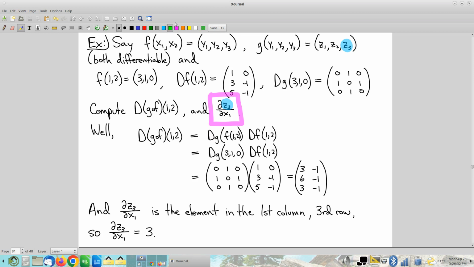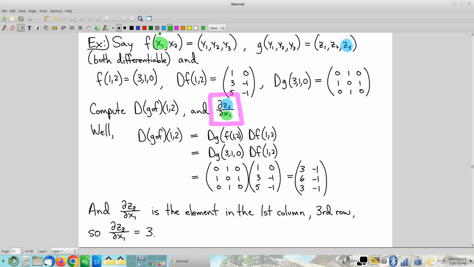And notice that x1 is one of my original input variables. So what I've been asked here is a partial derivative in the composition. It's not a partial derivative in any one of the original functions. This is a partial derivative in the composition.